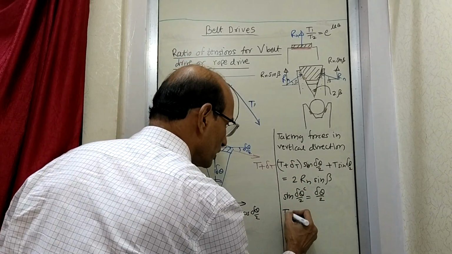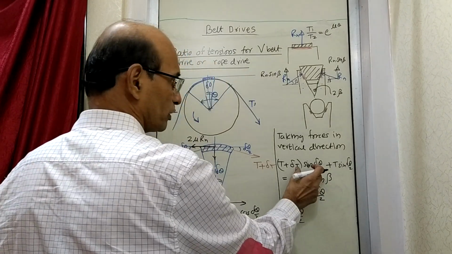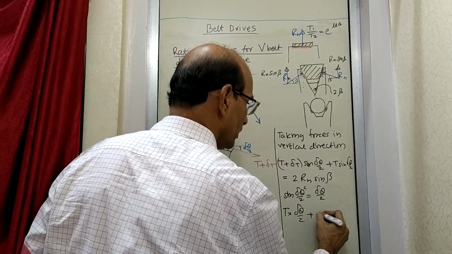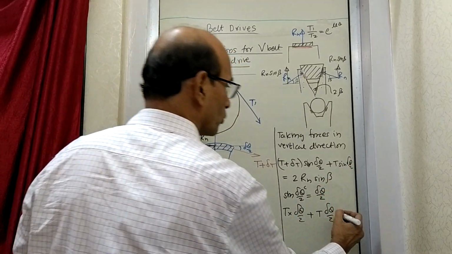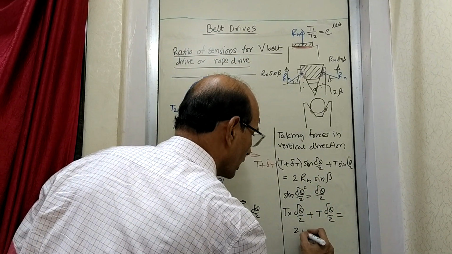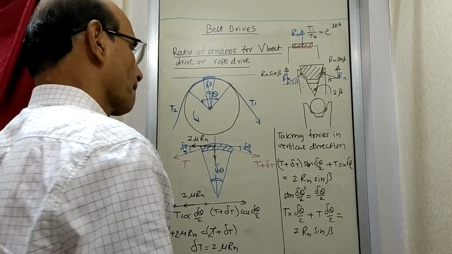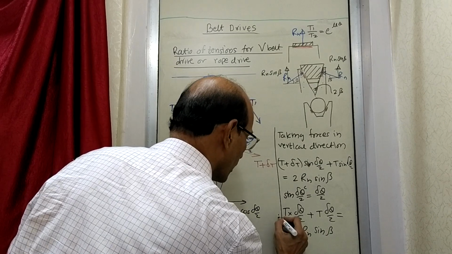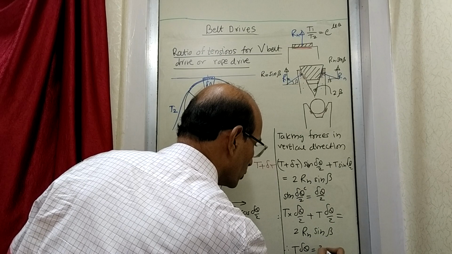So I write here T into delta theta by 2, plus now this is T again delta theta by 2 is equal to, now on the right side, 2 Rn sin beta. So when you add this, it becomes T delta theta is equal to 2 Rn sin beta.